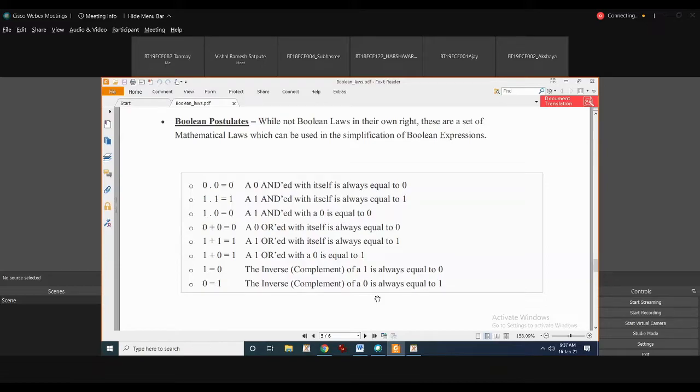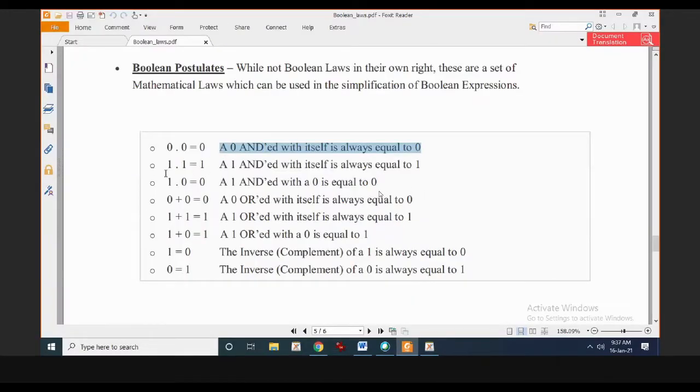Today, because we are going to require it in our circuit designing, these particular things you need to note down. 0 AND 0 is equal to 0, 1 AND 1 is equal to 1, 1 AND 0 is equal to 0. 0 OR 0 is equal to 0, 1 plus 1 is equal to 1, 1 plus 0 is equal to 1.